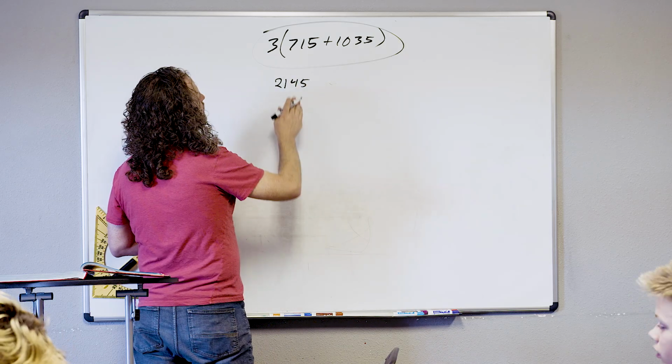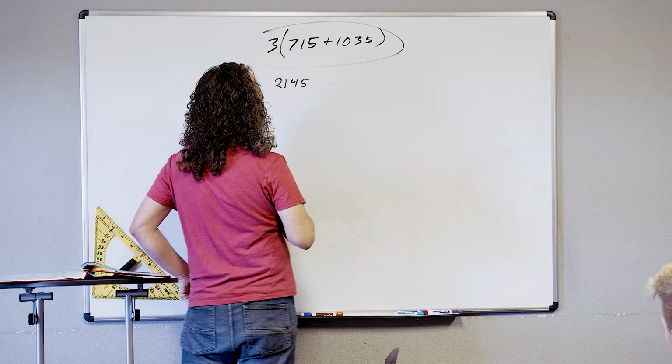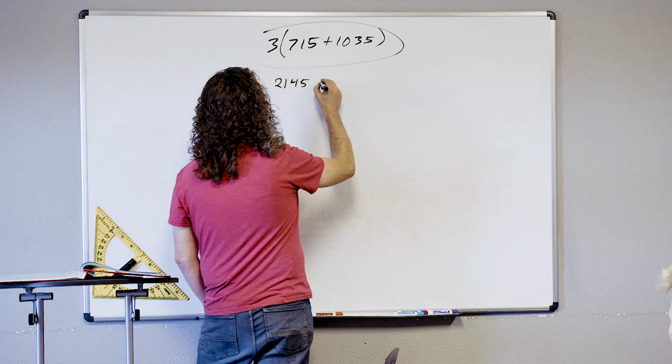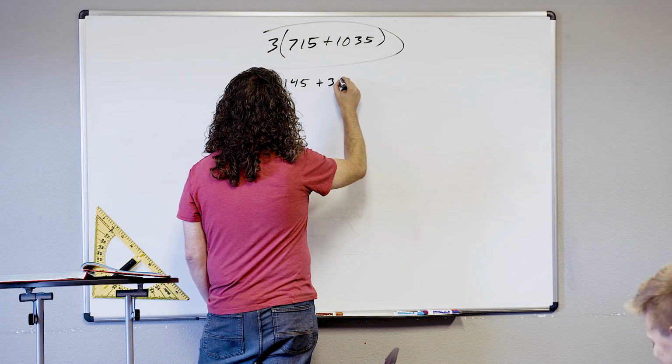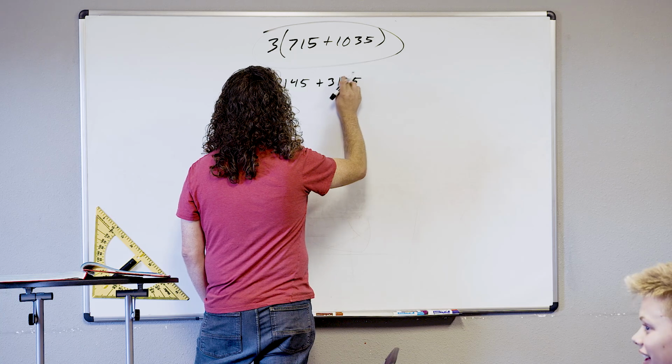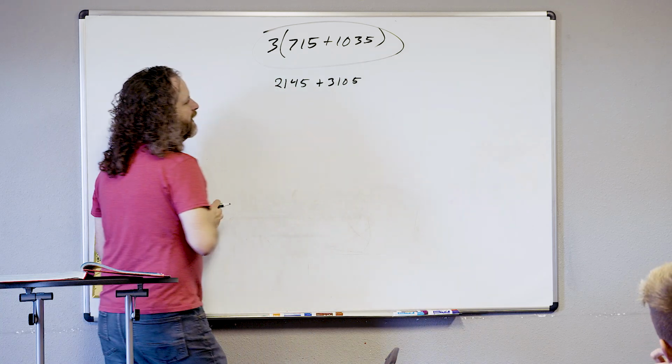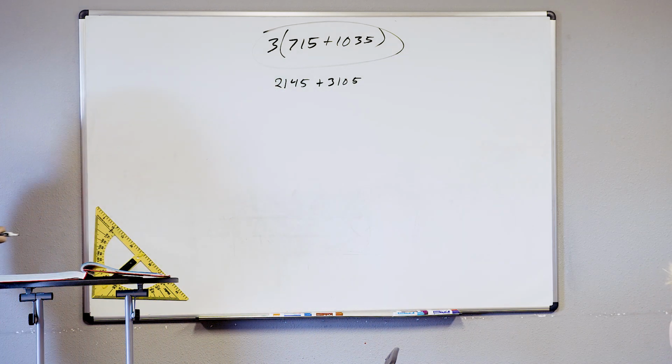And then 3 times 1,035. 3,105. I disagree. We have an objection. Now what? Add together.